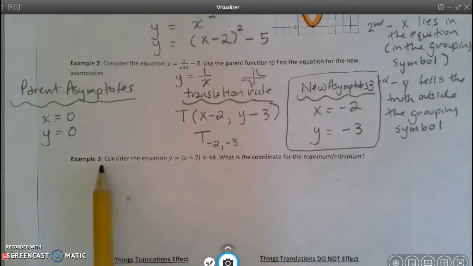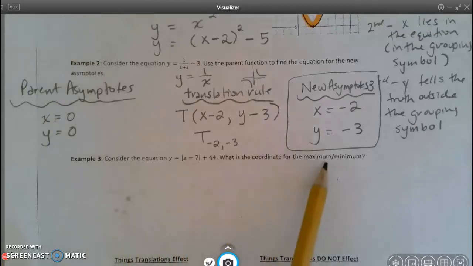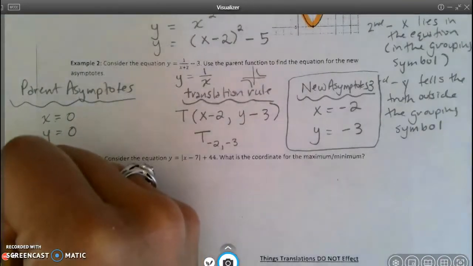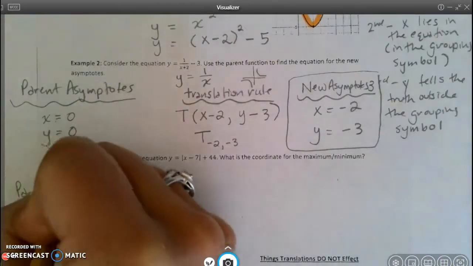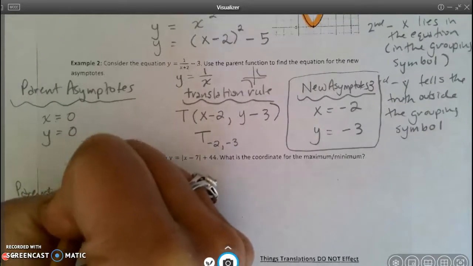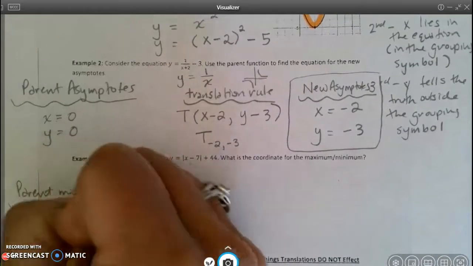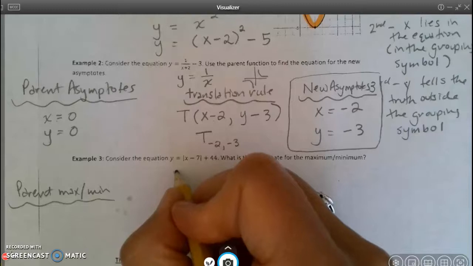Let's look at example 3. Consider the equation y equals the absolute value of x minus 7, plus 44. What is the coordinate for the max or min? Again, I'm going to start with my parent. So I've got to ask myself, what's my parent function?